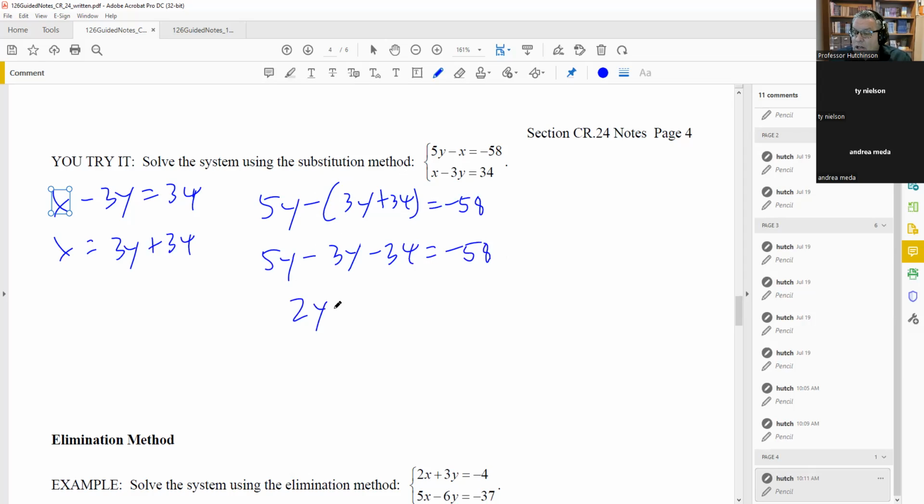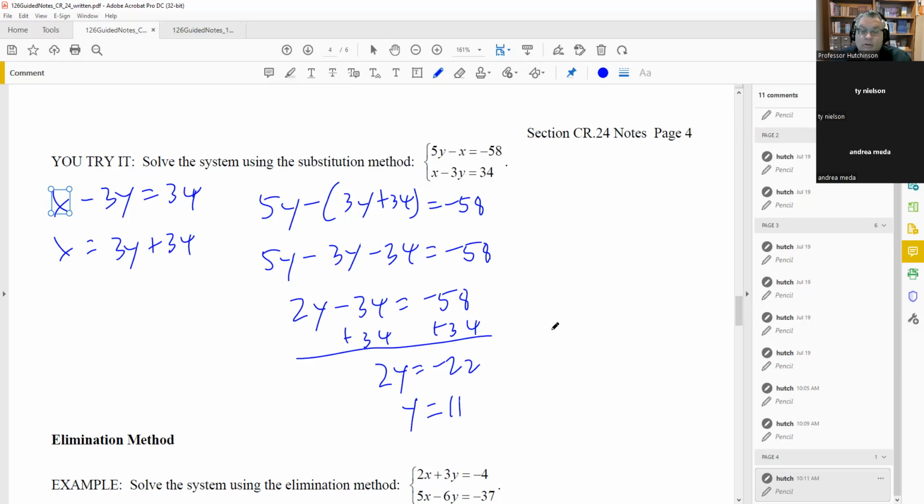These combine, you get 2y minus 34 equals negative 58. And so we're just going to add the 34 to both sides there, and we're going to get negative 22 there. If you divide by 2, you get 11 for the y right there.